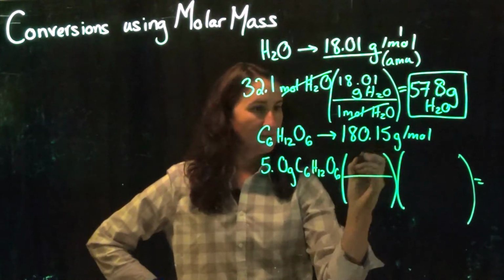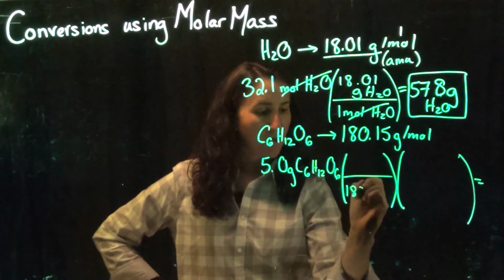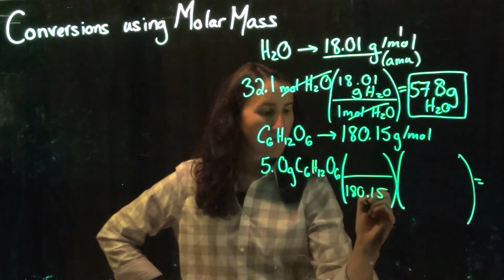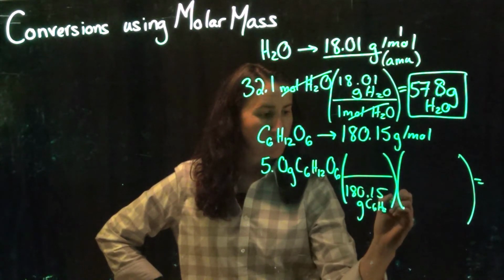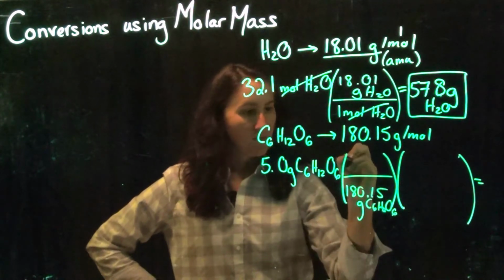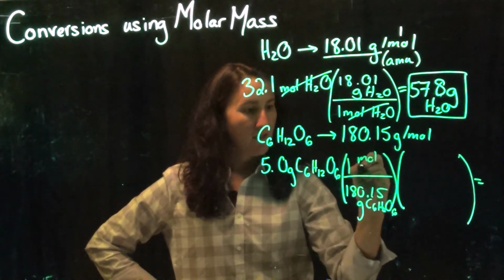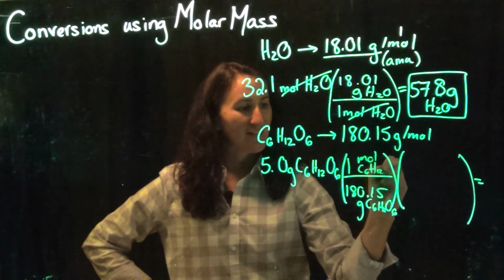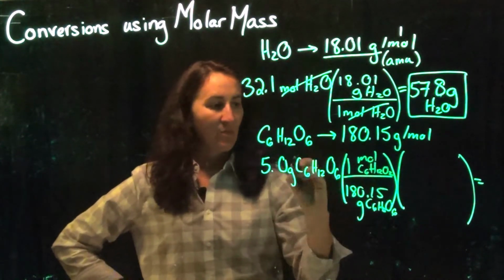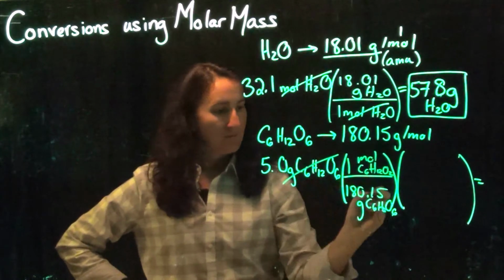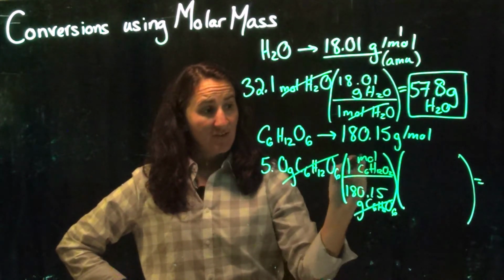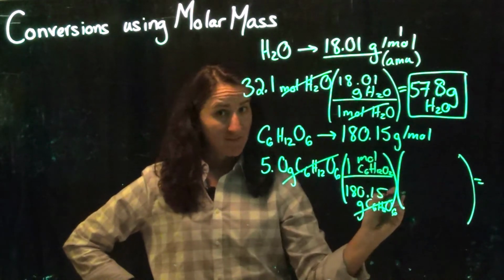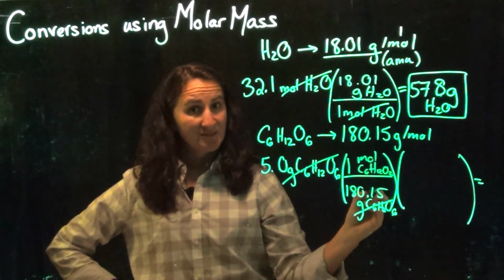So if grams goes on the bottom, we have 180.15 grams of C6H12O6 and 1 mole of C6H12O6. We will therefore get rid of grams, and we're left with moles. But we don't want moles, we want molecules. So to go from moles to molecules, remember that wonderful number we get to use?